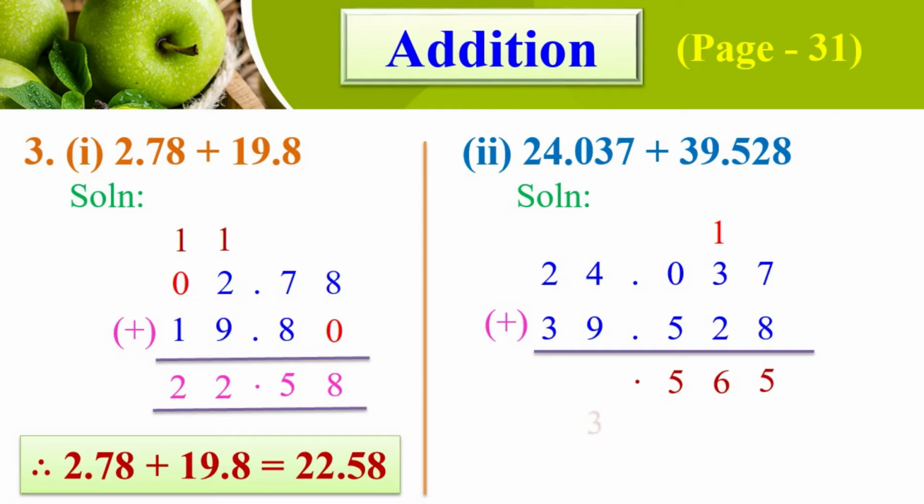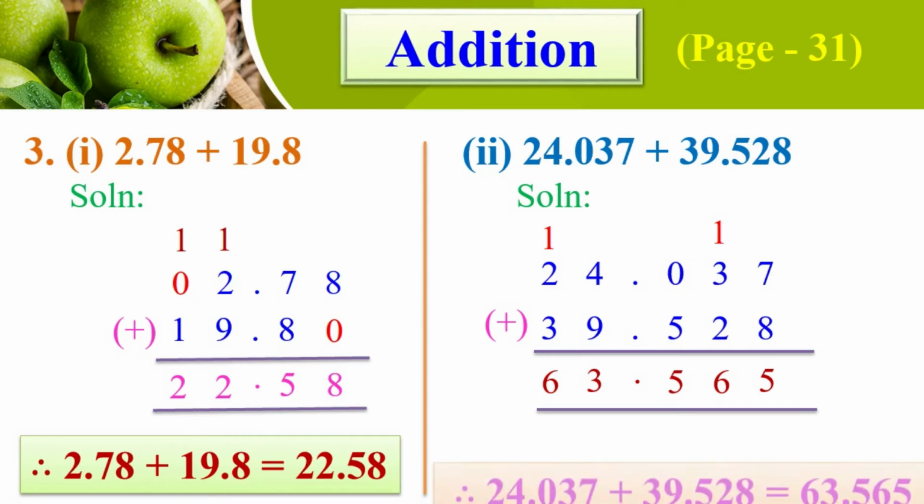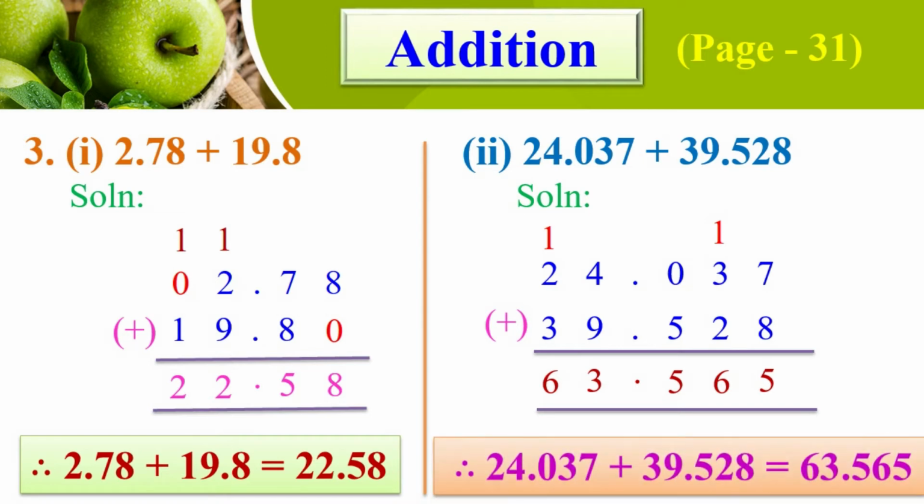Place the point. 4 plus 9, 13. Place 3. Carry 1. 3 plus 2, 5. 5 plus 1, 6. Therefore, 24.037 plus 39.528 is equal to 63.565.